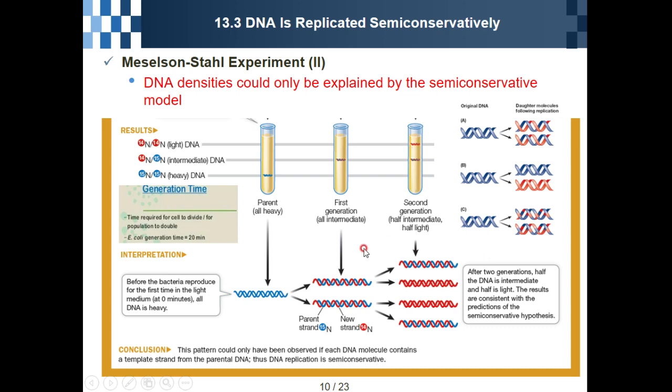This is the heaviest one, this is the middle, and this is the light one. After 20 minutes, we only have the medium band. It means that maybe semi-conservative will be like this, or the dispersive one will be like this.